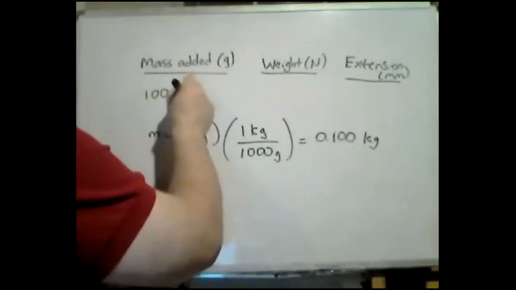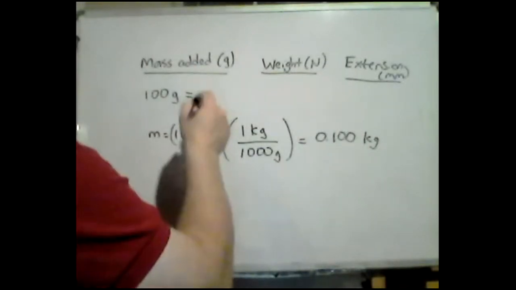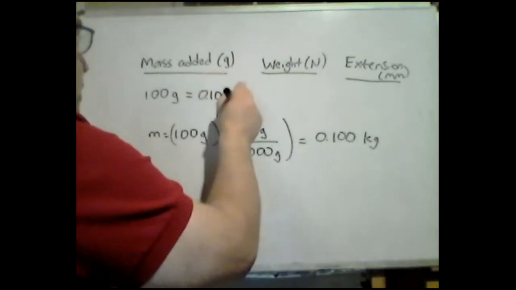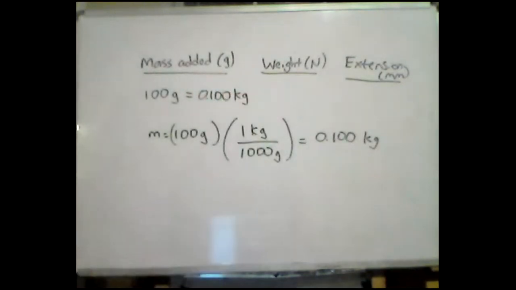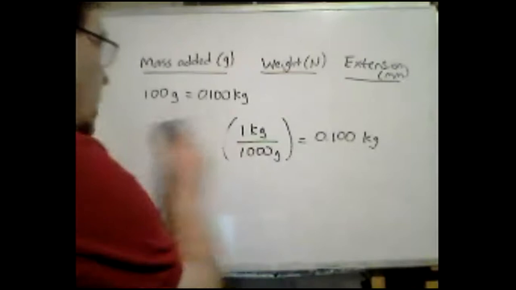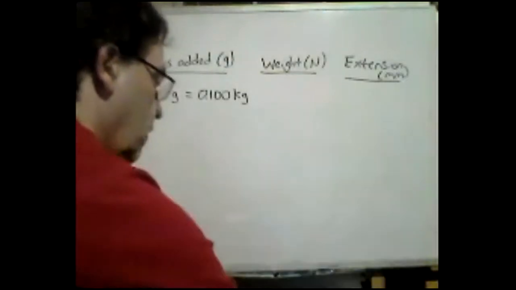I'll write 0.100 kilograms in my same little cell. That's important to me. I really want the value in kilograms. Again, this is the first row, far left column.